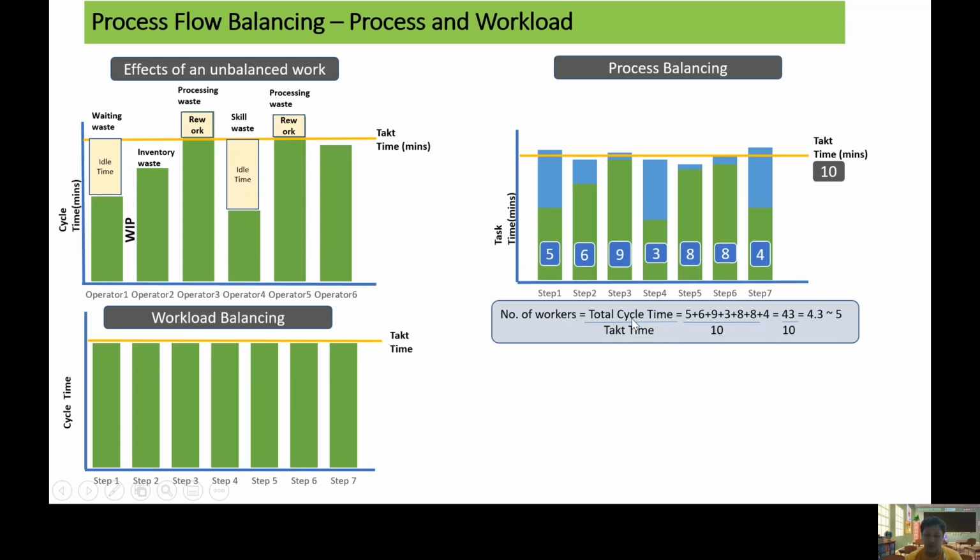You will deploy operators in such a way that the step having the highest amount of activity will have more operators, and the step having less work will have fewer operators, and then these operators can be redistributed in different bottleneck workstations or different steps to complete the work as per the tech time. This is called workload balancing.